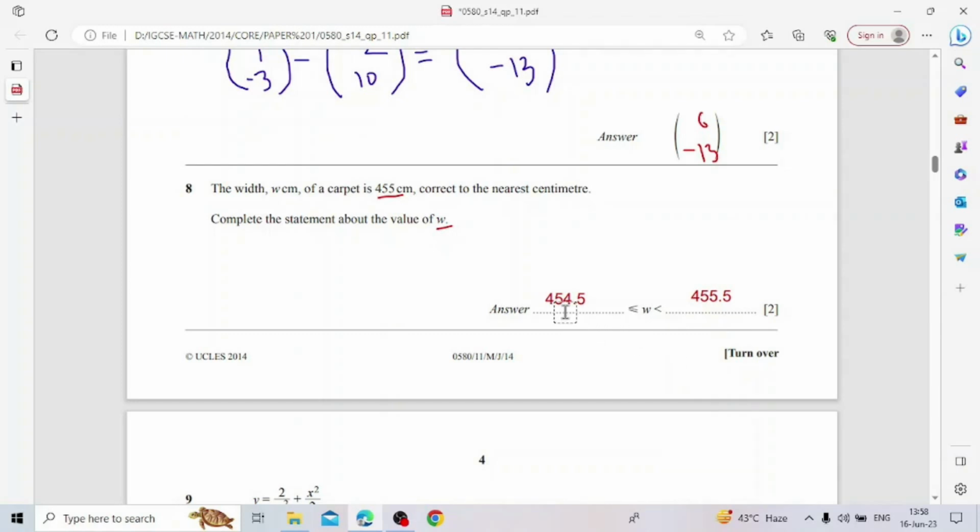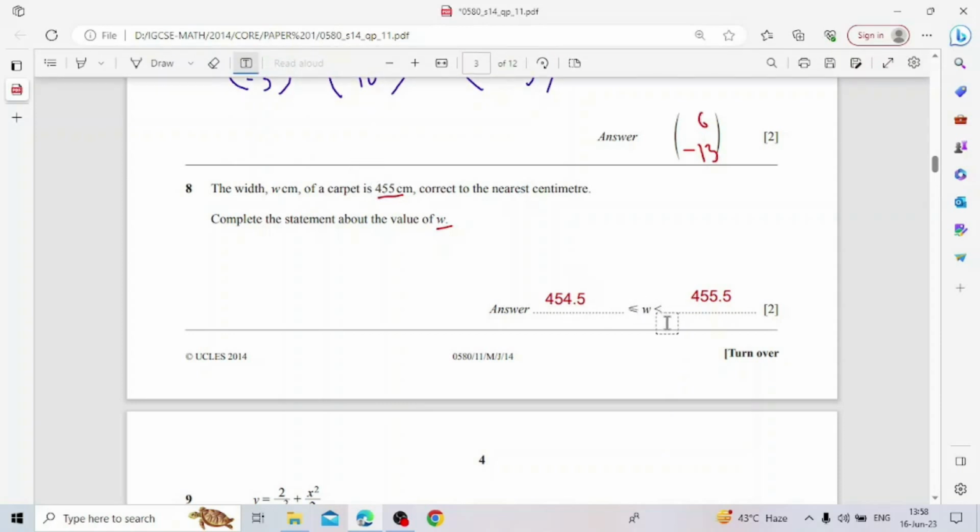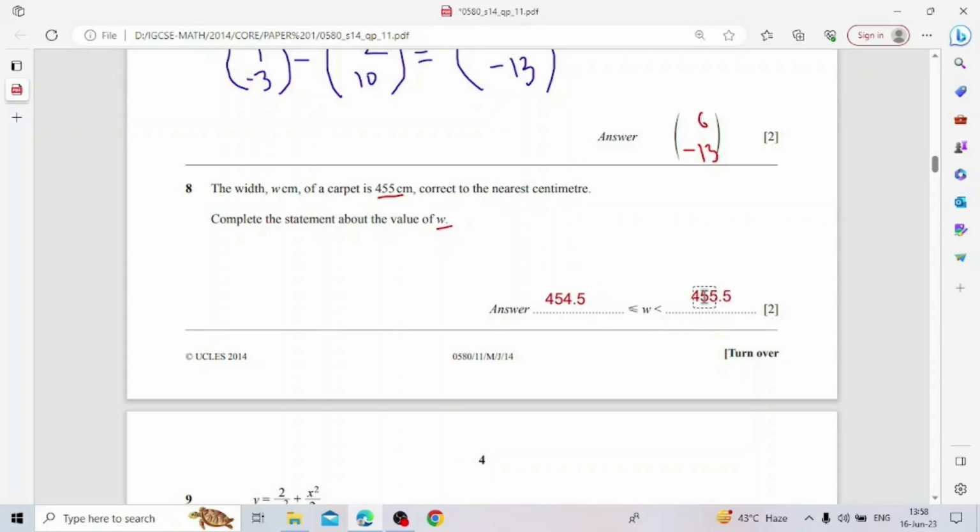So this is 454.5 and this is 455.5. Yes, and you can add cm here as well, and here as well, cm.